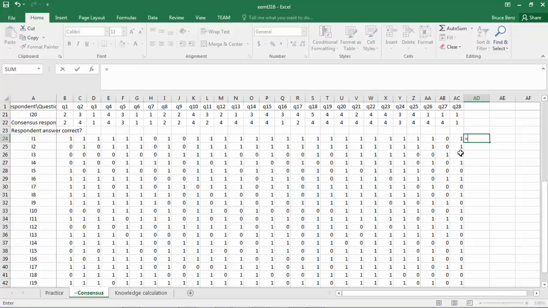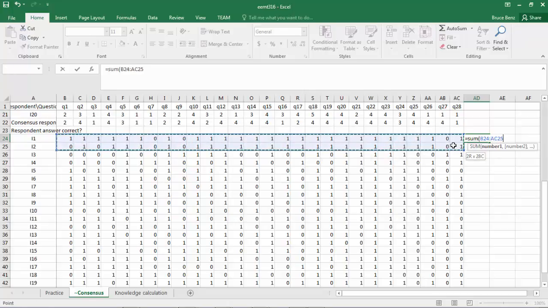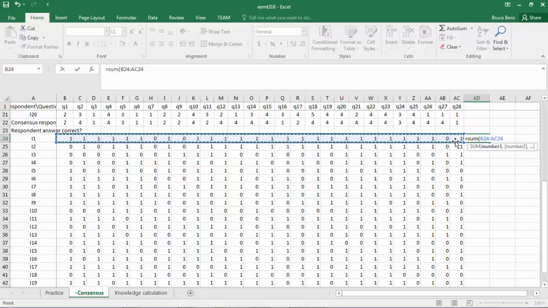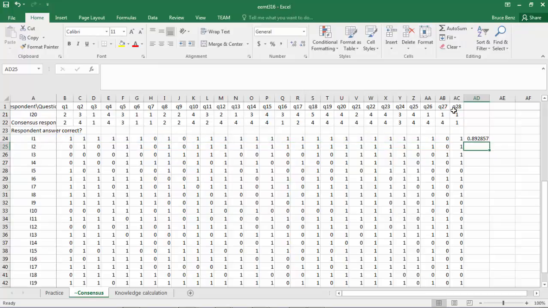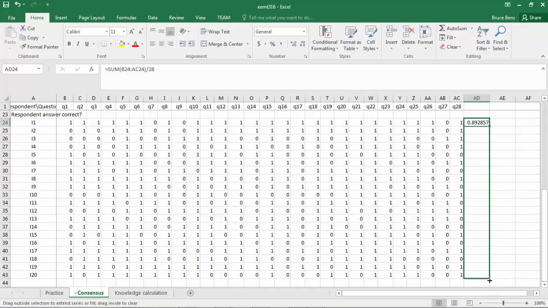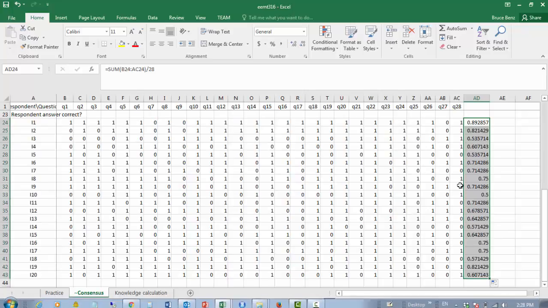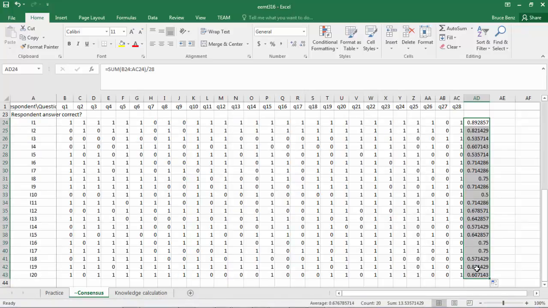I do that simply by entering the formula equals the sum of this respondent's answers, and then I divide that by 28, and it will give me a fraction of the number of responses correct. And I do that over all respondents, and it gives me a score.